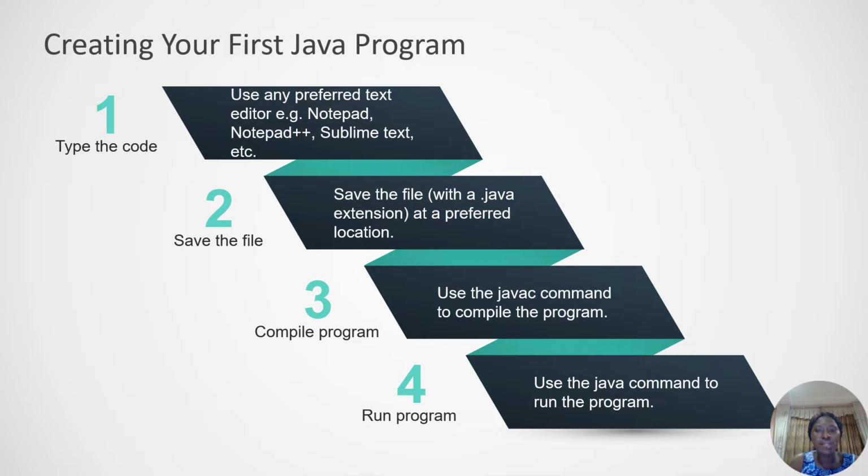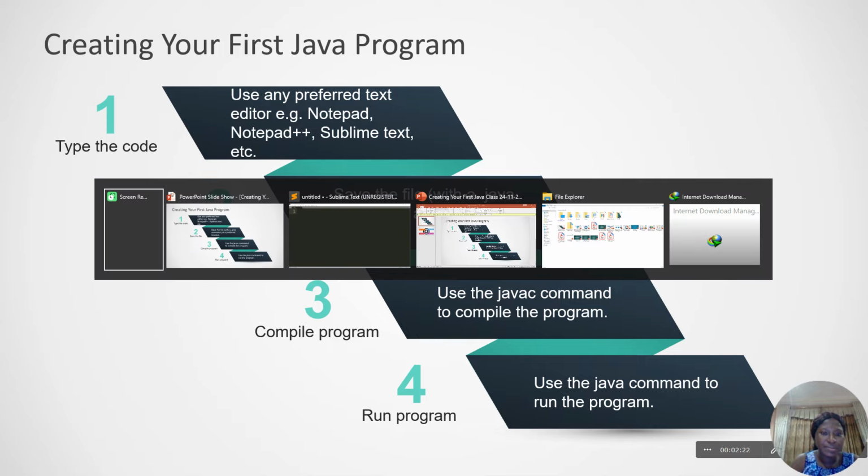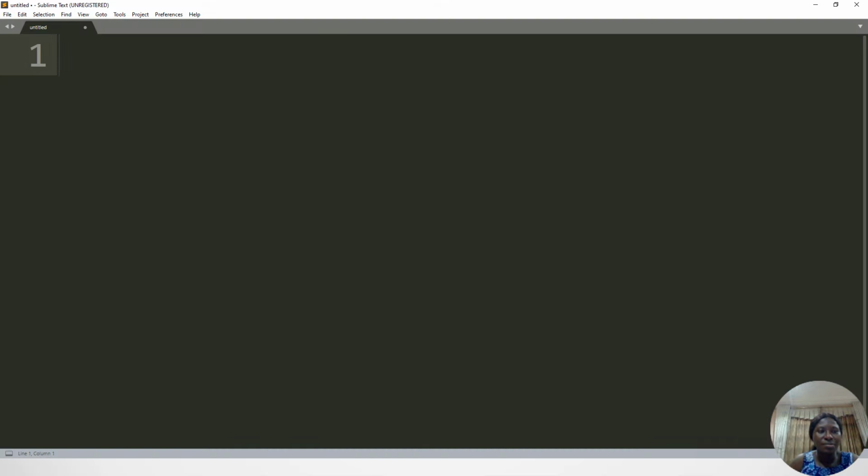Now let's move on to the first step of typing your code. You will first have to open your program. For the demonstration of this lesson, I will be using Sublime Text to do my typing of code. So I'll open my file and then we'll be typing.